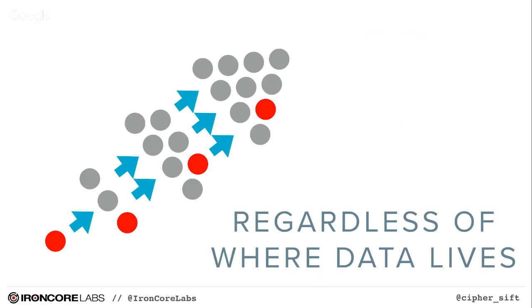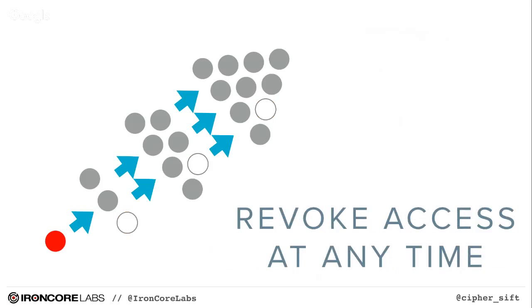Whether it lives on the cloud, whether it's an on-prem database, whether it's on disk, doesn't matter. We want to be able to see where it's being used. And what if I told you that you could revoke access at any point, no matter where it's stored?